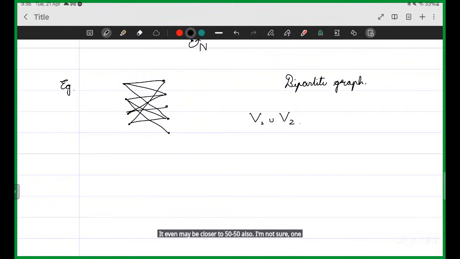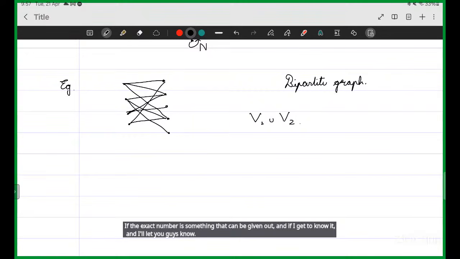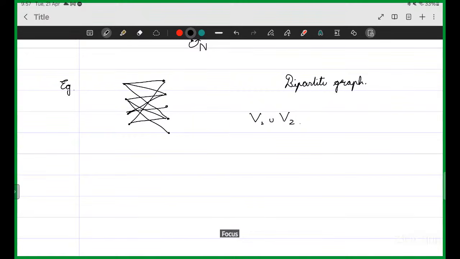Once again, you remind me in the next session. If the exact number is something that can be given out, and if I get to know it, I'll let you guys know. It is more focused on 9 to 11 content. How much precisely, I don't remember now. So that is for the next session. And closer to the exam, a post will be made on this course also regarding the same.